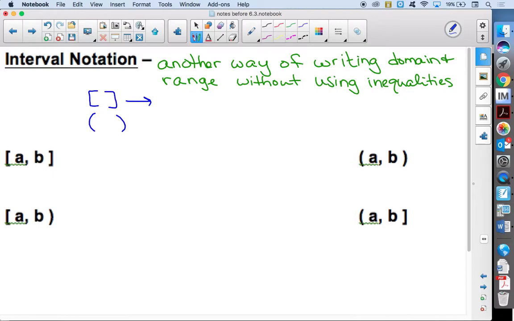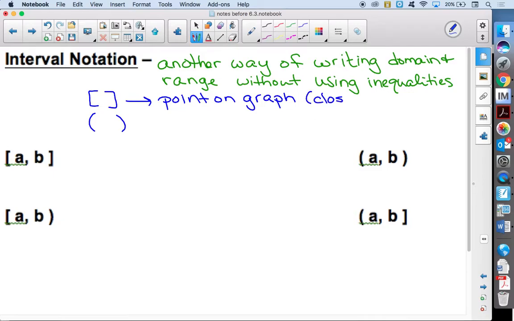So if it's equal to it, that means it's a point on the graph. So brackets mean that you have a point on your graph. That's a closed circle. So think like when there's an equal to, we usually have either a solid line or a closed circle.